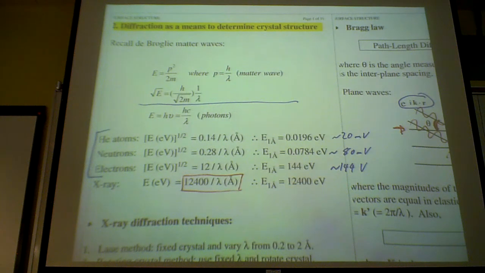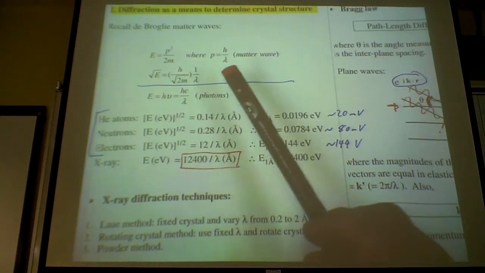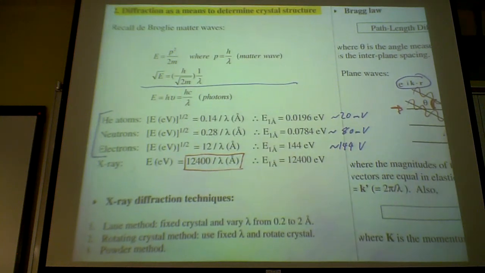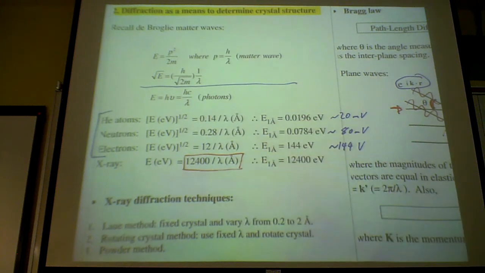Okay? So why I want to talk about this is because it's very powerful. This de Broglie matter wave is very powerful because when you want diffraction phenomena to occur, your scattering point spacing must be very close to the wavelength that you're going to scatter.